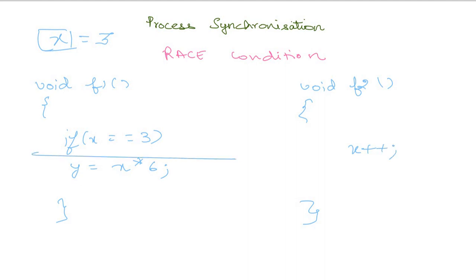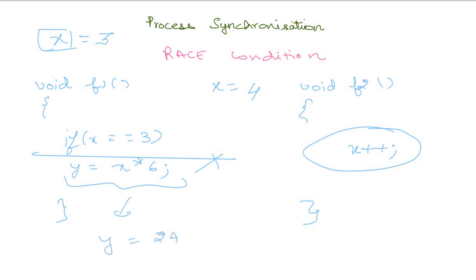Now let's say the function f1 got preempted at this point and x gets incremented, so the value of x becomes 4, and here y will become 24. Rather, we wanted it to be 18. So this is also a race condition, wherein the value of a variable that we wanted, we didn't get it.